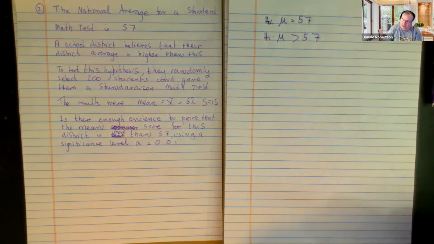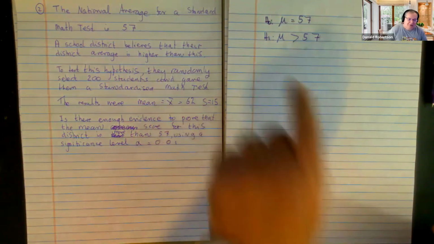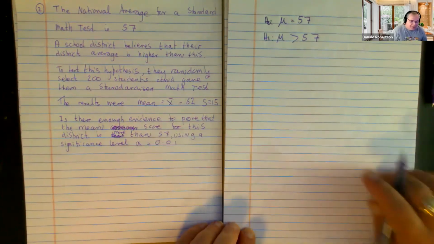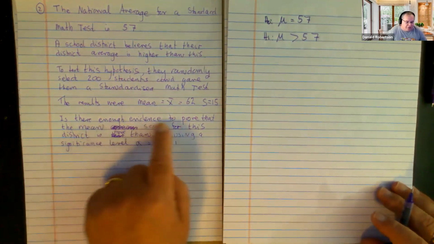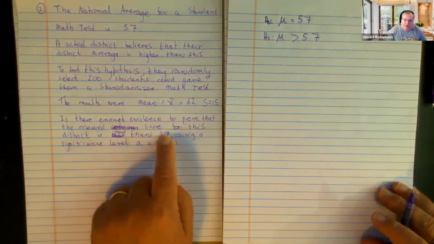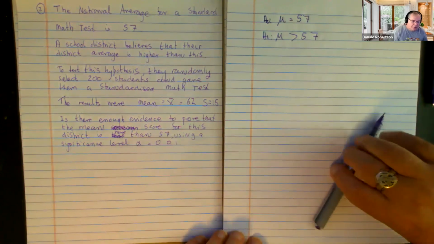It's very difficult for people to tell you bad things about themselves, right? Bureaucracy doesn't like doing that. But in this story, they might, because it looks like it could be good. And so we're trying to see, is there enough evidence to prove that the mean for this district is bigger than 57?